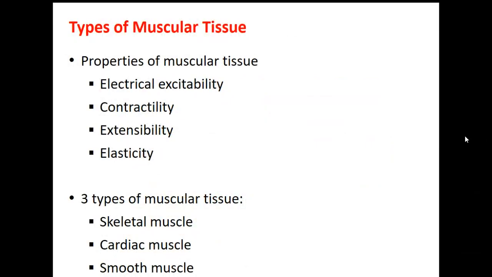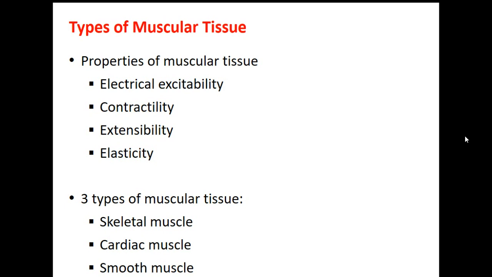Okay, properties of muscular tissue, electrical excitability. The muscles are stimulated to contract mostly by nerve impulses.